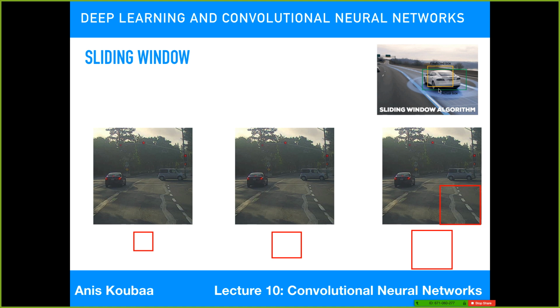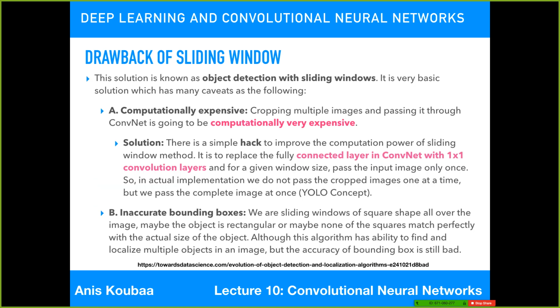It's true that it's going to tell you that there is a car here, but the predicted bounding box is not going to be as accurate as the actual bounding box. This is one of the drawbacks of the sliding window. Added to this, it is also very slow, because if you do this process several times on the same image, it's going to take a very long time. It's an intuitive approach, but it is not very efficient in terms of computation.